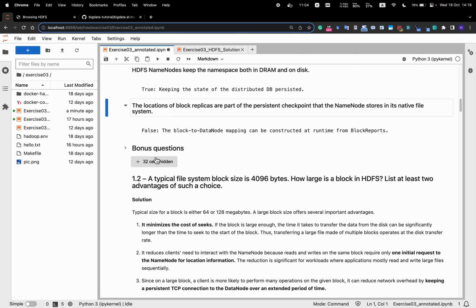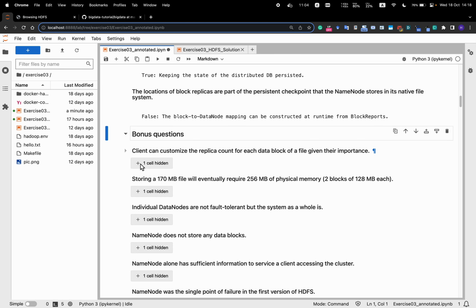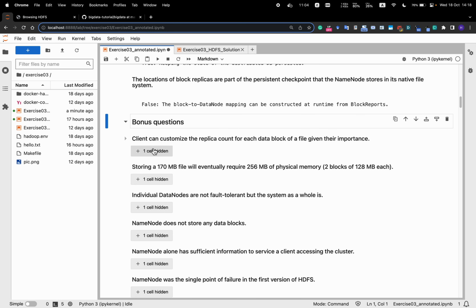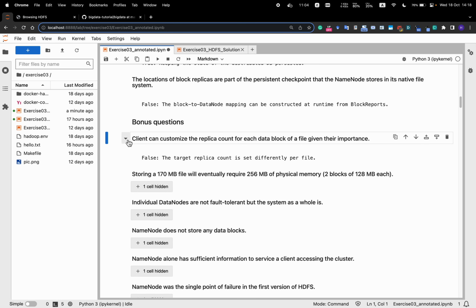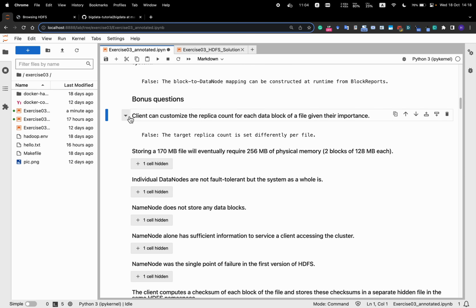Okay, then let's go through some extra ones that I added, and I might also add to the exam as well. The first one: remember that the file size can be customized, but the block size can't, right?